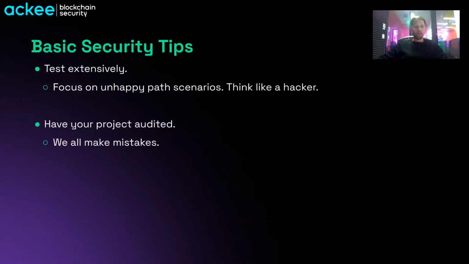Next tip: test extensively. It is a problem in the crypto space that projects would like to deploy very quickly, so the focus on testing is not so high. However, I would recommend you to test extensively, and not only the happy path scenarios, but focus also on unhappy path scenarios.